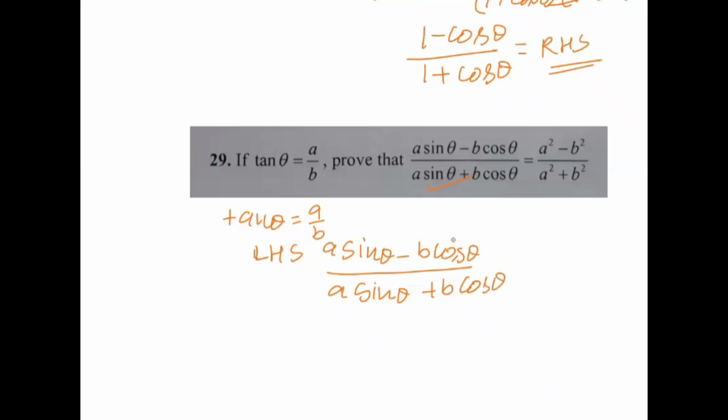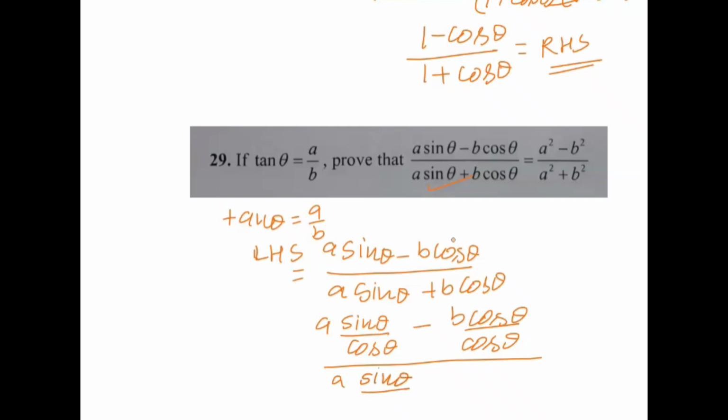Okay, so we are going to divide each term by cos theta. So if you divide by cos theta, this will become a sin theta upon cos theta and b cos theta upon cos theta, and the whole expression denominator is also divided, a sin theta upon cos theta plus b cos theta upon cos theta.